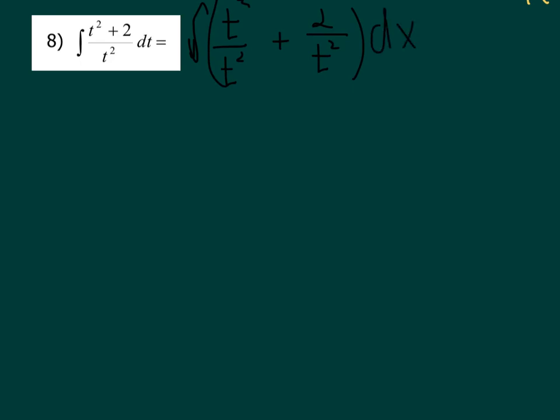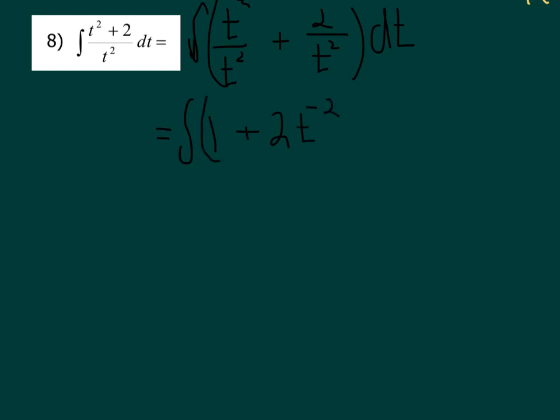Oh, I'm sorry, I forgot. I'm making a mistake with this differential, because now the independent variable is not x, it's t. So we're going to simplify this, and we have t squared over t squared equals 1, plus 2 times t to the negative 2.